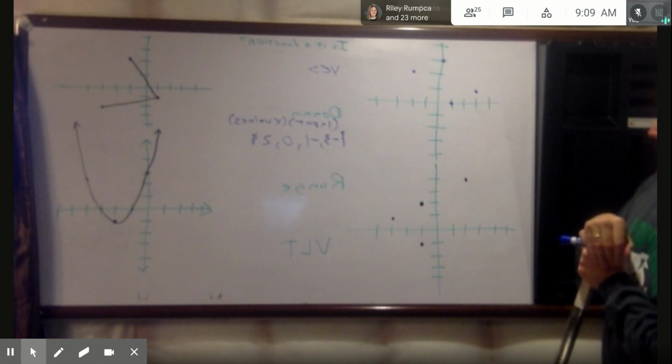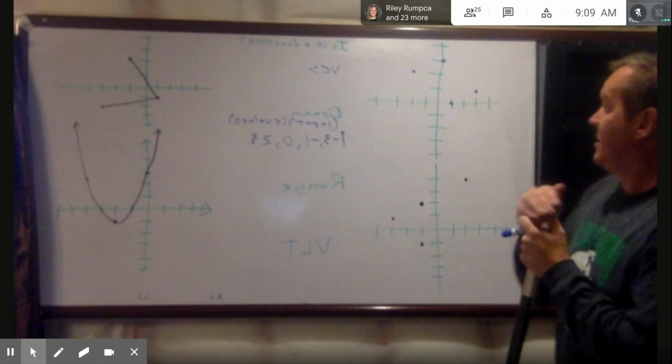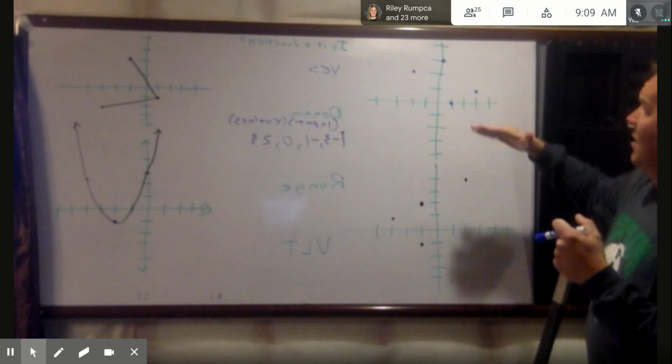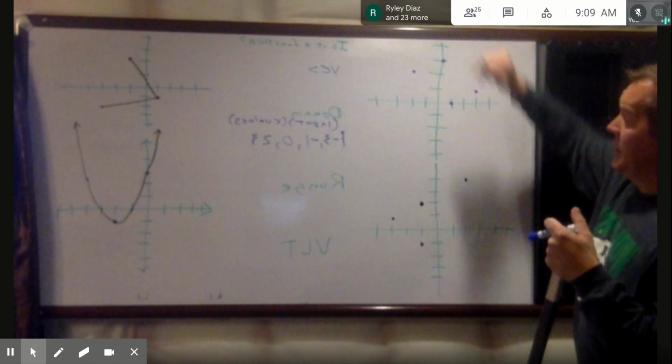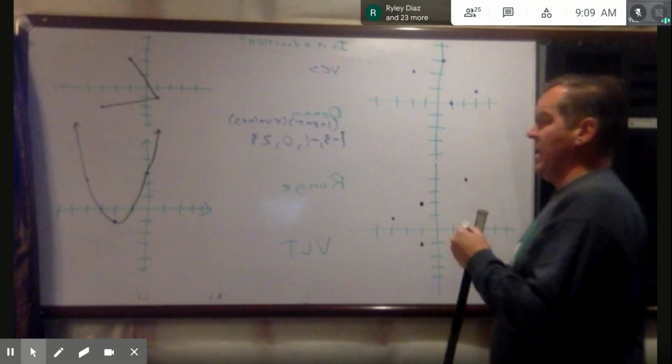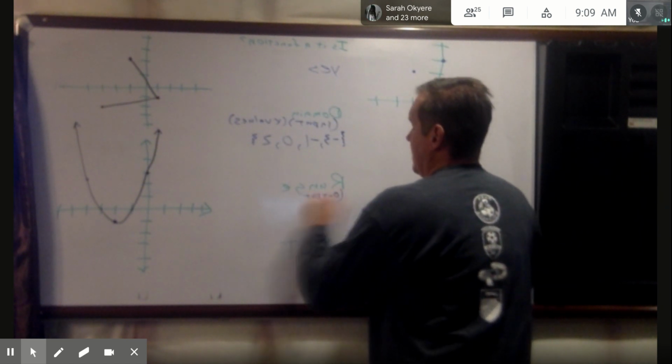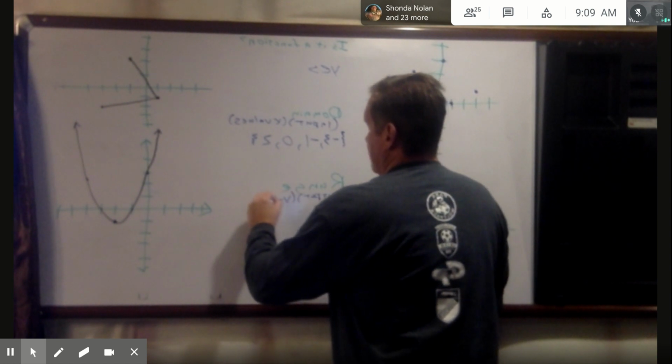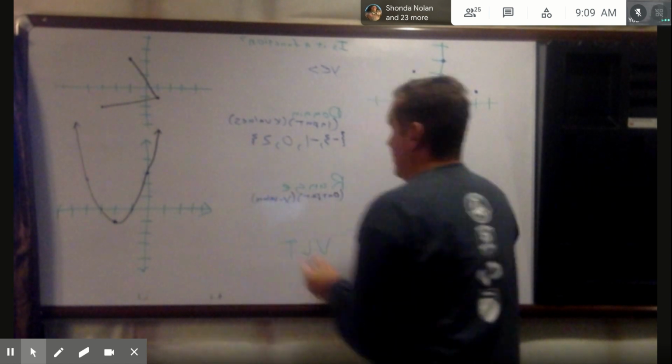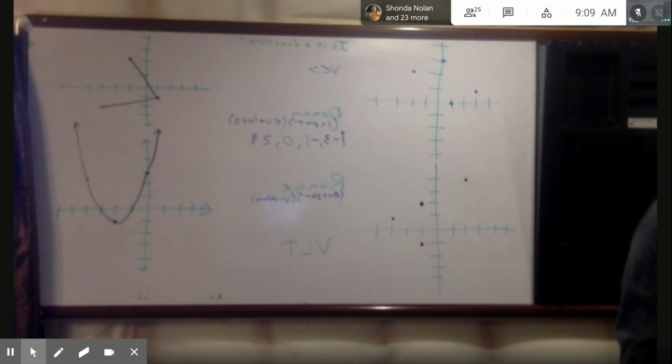Now, I would like you guys to attempt to do the range. The range is the y values. All right. And start at the bottom and go to the top. I'll give you guys a minute to see if you can come up with the output or the y values. See if you guys can do that right now.